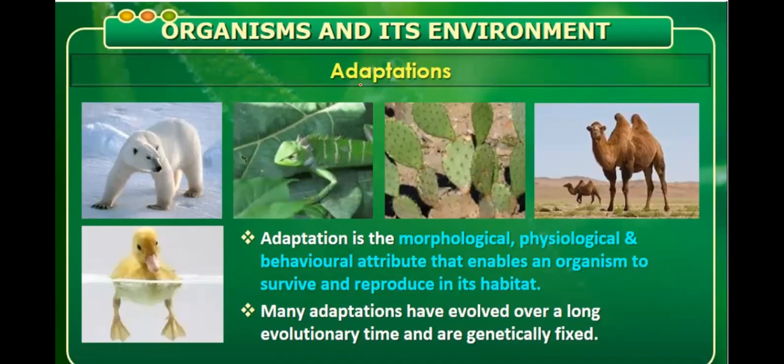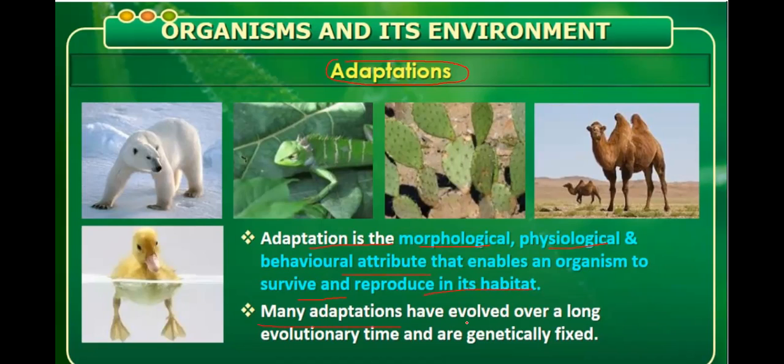Now, because of these different abiotic factors, to survive in these stressful conditions, some animals have developed changes, modifications in their behavior. That is called adaptation. So what is adaptation? Adaptation is the morphological, physiological, and behavioral attribute that enables an organism to survive and reproduce in its habitat.